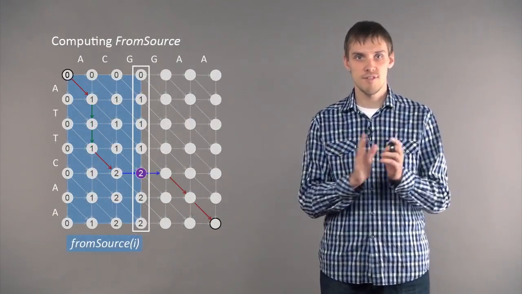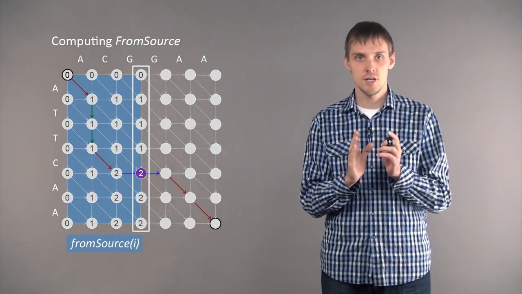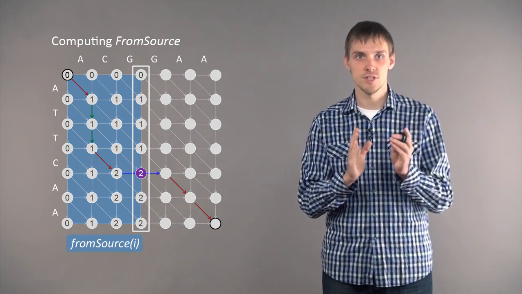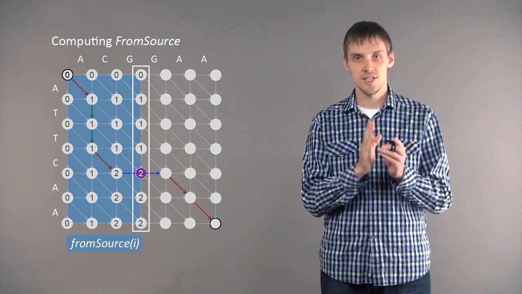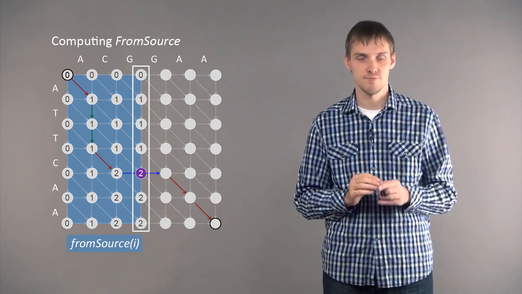And we can find all values from source i's just by going through the first part of the Manhattan grid using our linear space algorithm to calculate alignment scores without the alignments themselves.